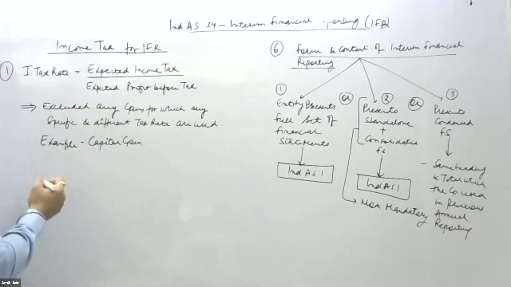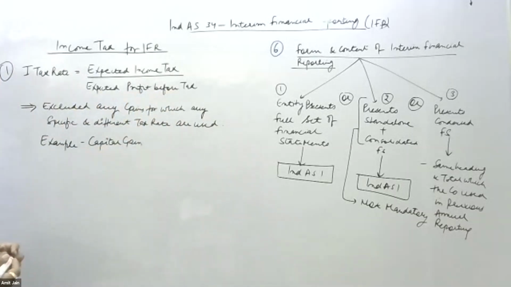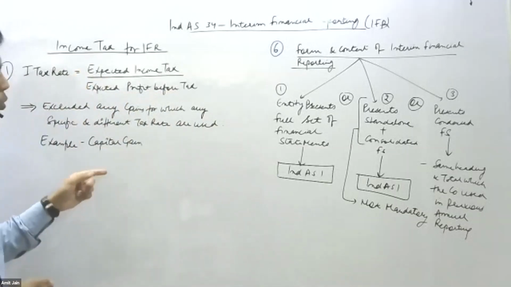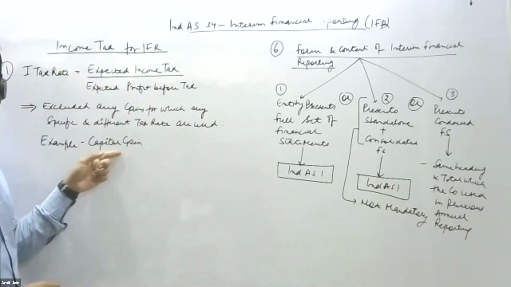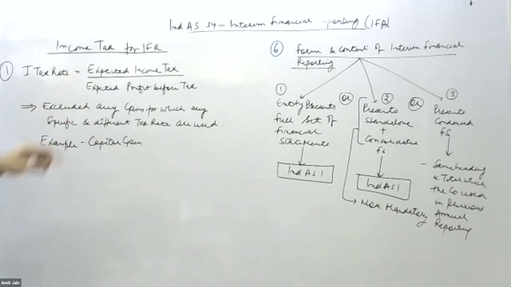So when I compute the expected profit before tax, I will exclude the income from capital gain, and when I compute the expected income tax, I will exclude the tax on the capital gain. Basis this, I will compute the effective income tax rate.